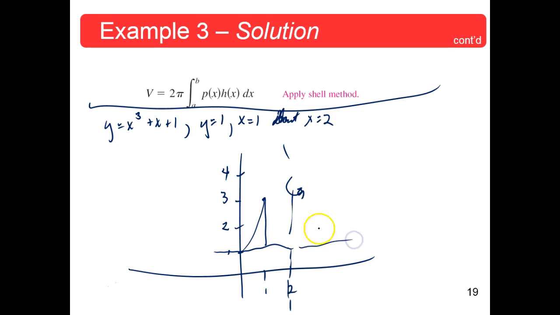So the other half of this will be over here. Now, the question is, do you do dx's, which are going to be shells, or dy's, which are going to be your discs, or washers, actually.